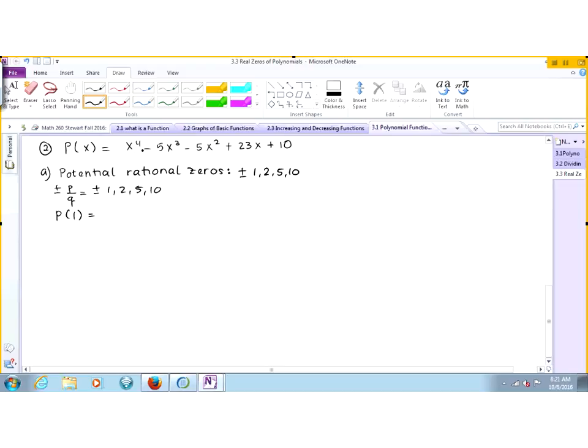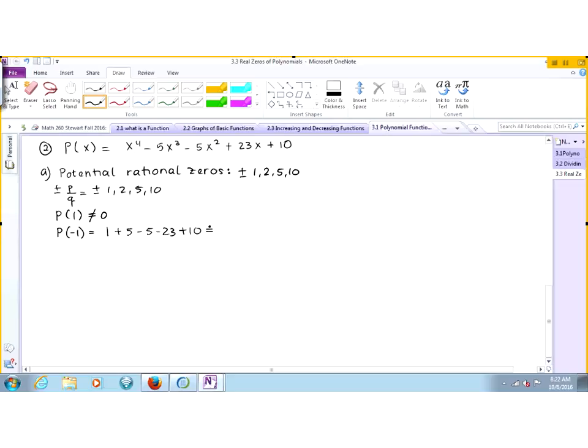What about P of 1? Is it 0? Let's see. So it's 1 minus 5 minus 5 plus 23 plus 10. It doesn't look like it's 0, does it? Okay. How about P of -1? So 1 plus 5 minus 5 minus 23 plus 10.